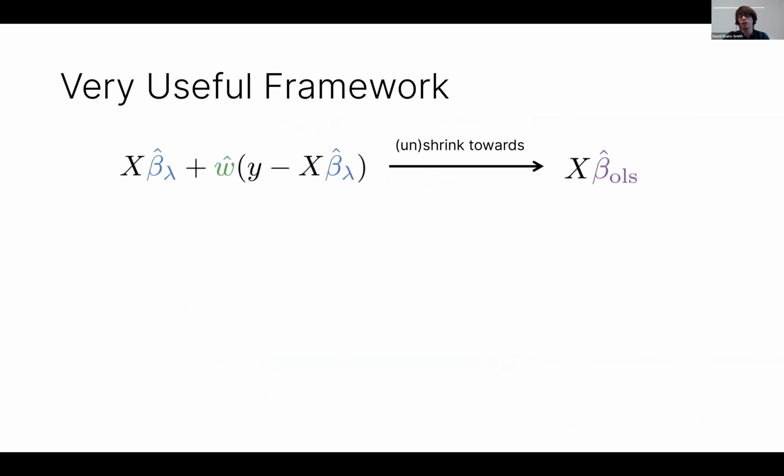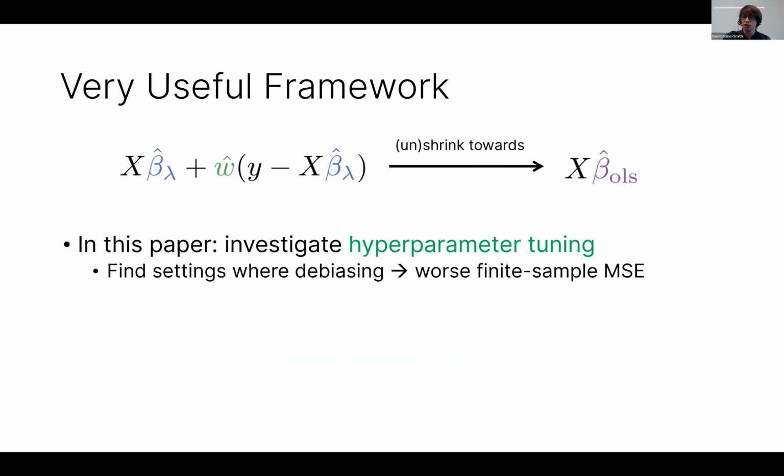I just want to say that we found this to be a super fruitful framework. This idea of taking debiased machine learning and thinking of it as unshrinking your original outcome model towards OLS has been useful for reasoning about what's going on when you run debiased machine learning. In this paper, we use it to investigate hyperparameter tuning.